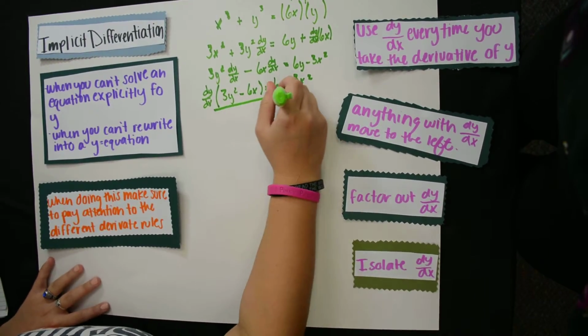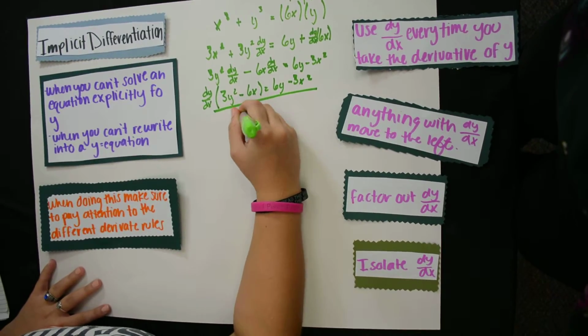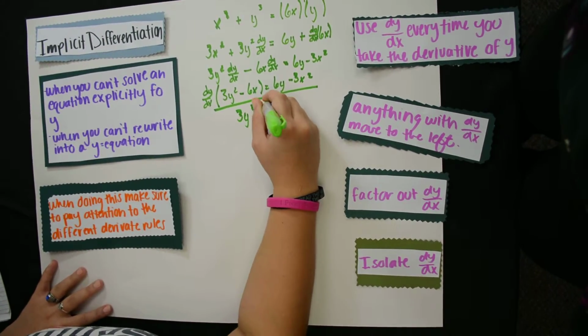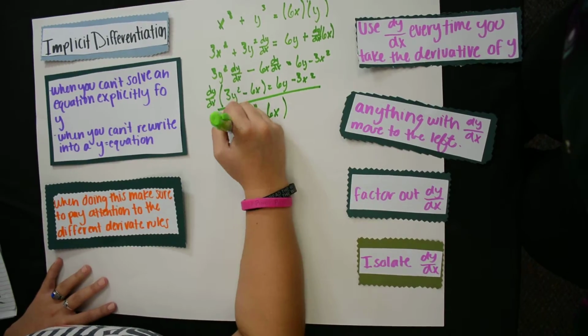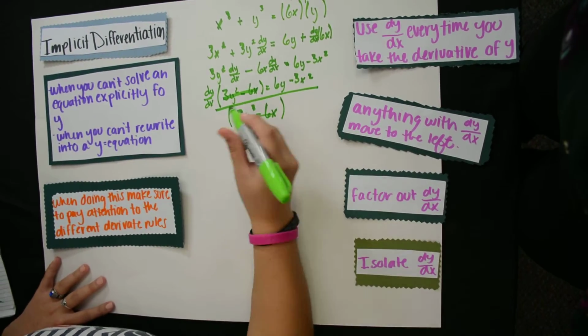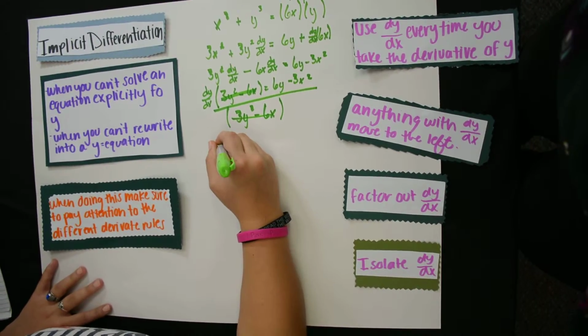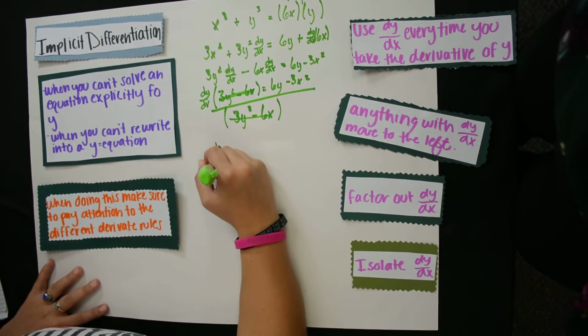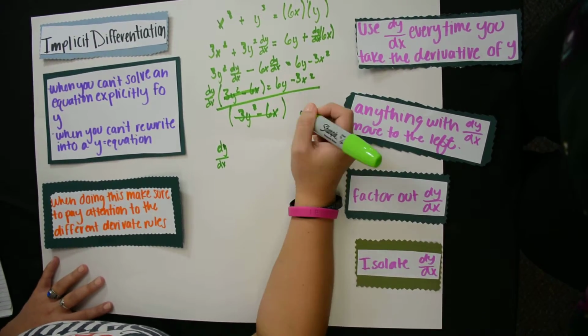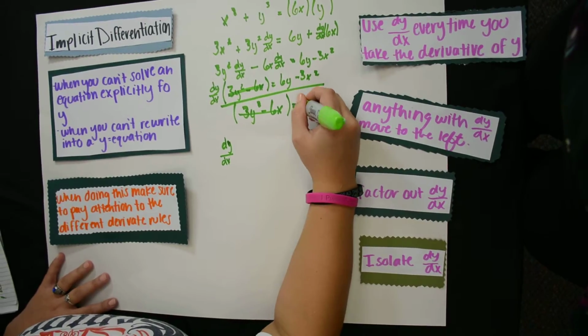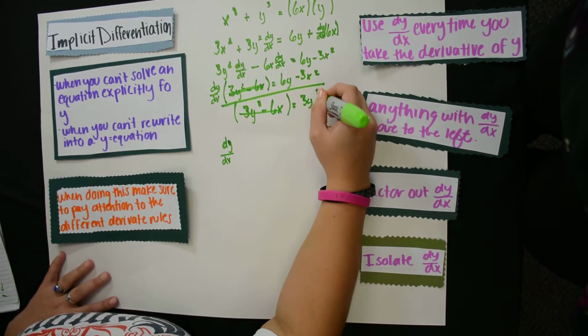So we're going to divide all of this by 3y squared minus 6x. So these are going to cancel, and you're going to have dy over dx. Well, they're going to cancel, and you still have 3y squared over here.